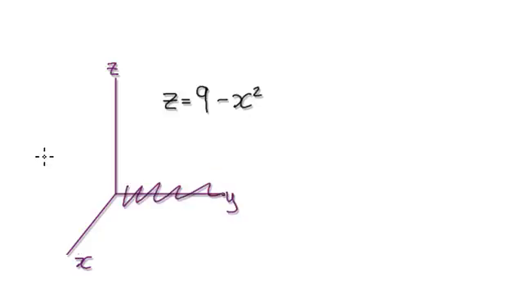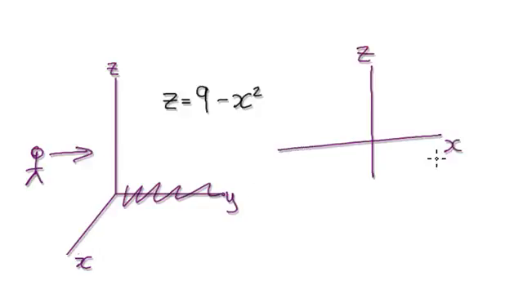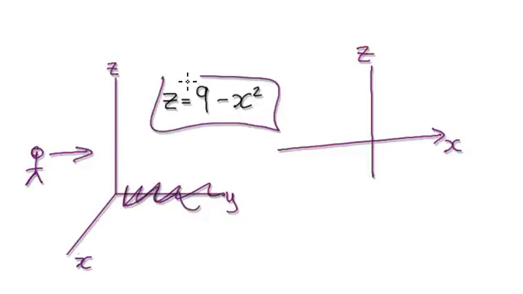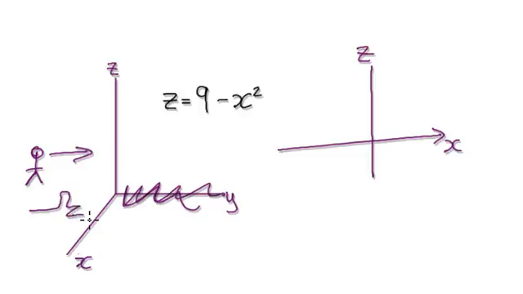Now you've got to imagine you are standing here looking at it in this direction. So this will be your z-axis, and this is your x-axis, because y, we don't care about, y is not in play. So your right hand will be here.